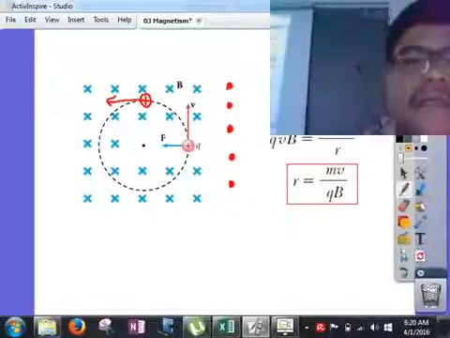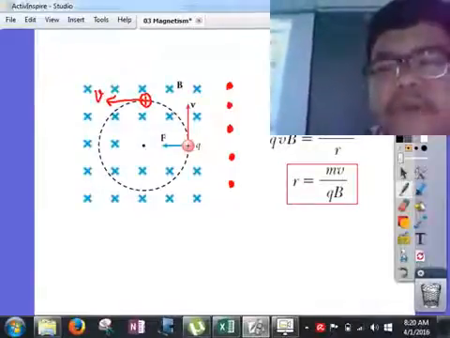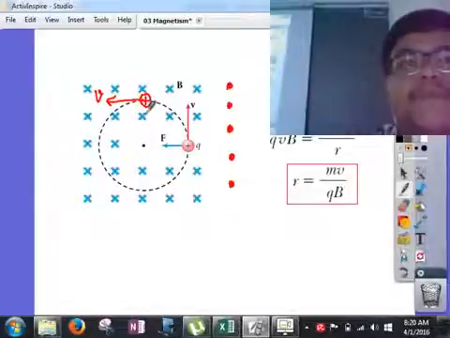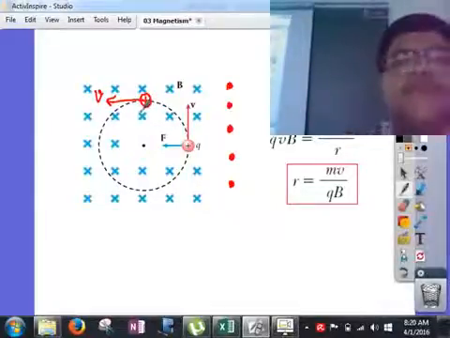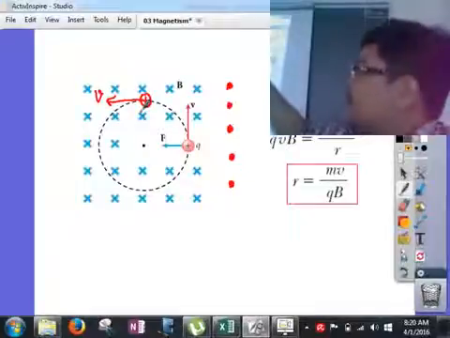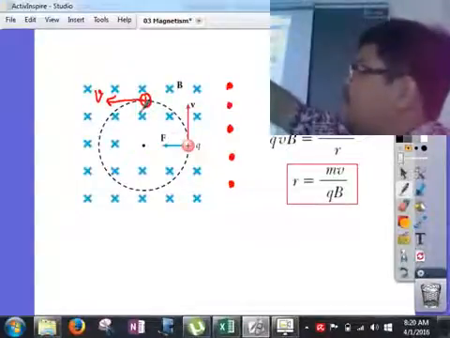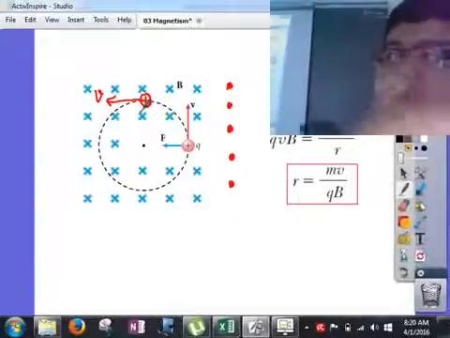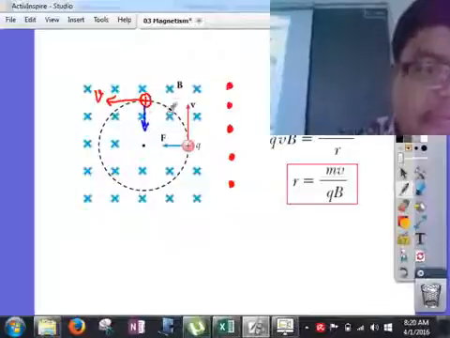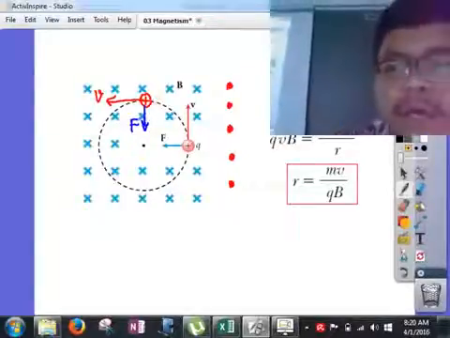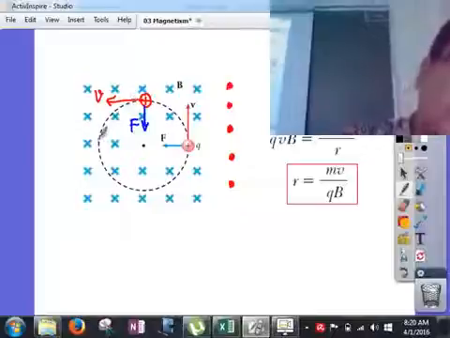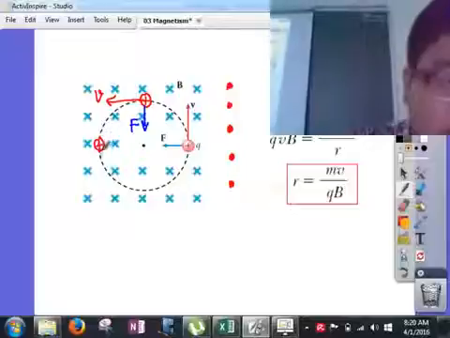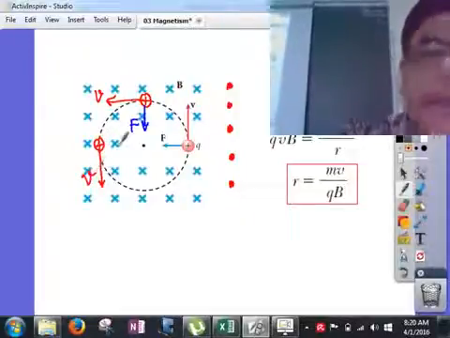So apply right hand rules again. Where is the direction of the force here? Atas. Huh? V, B, F. F yang ke bawah. So this is directed downward, right? Now it is moving here again, and then V is here.